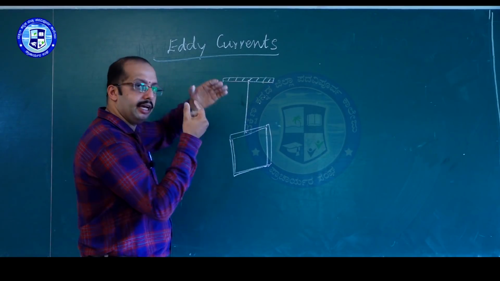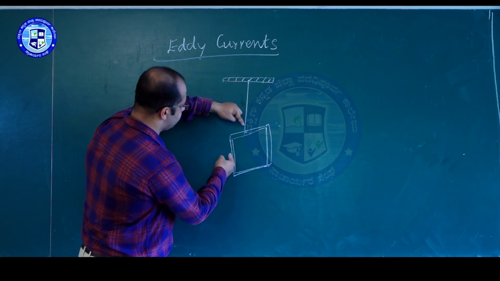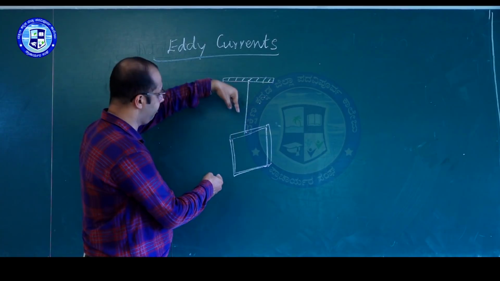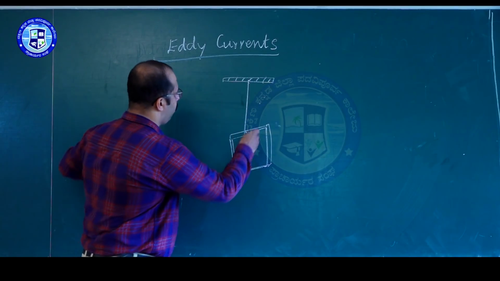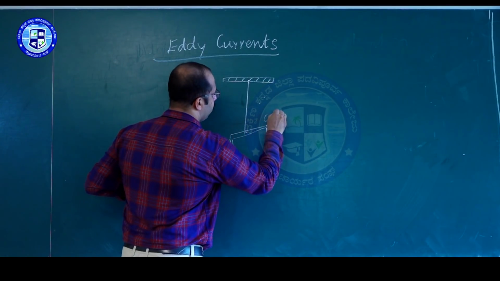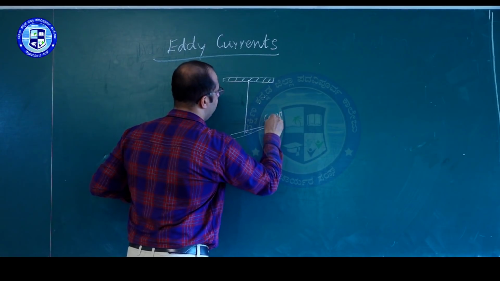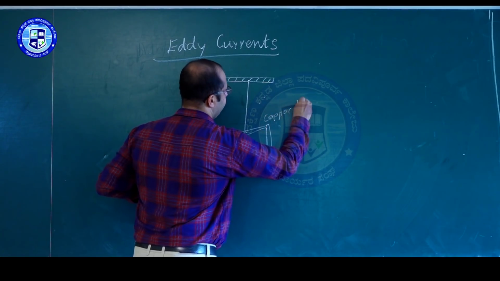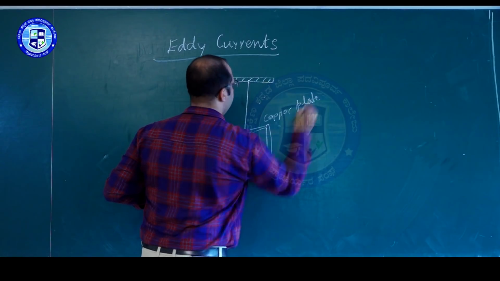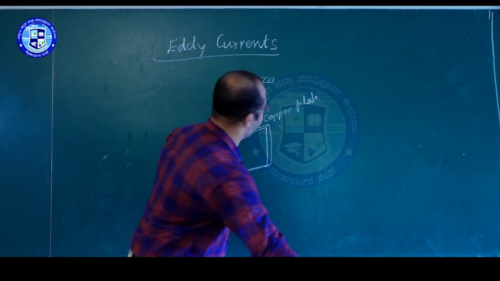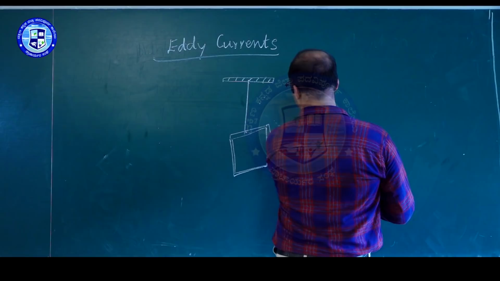Similarly, just like the simple pendulum, the inextensible thread is considered the hanging material, and the metal plate, copper plate, is the way to represent it. So somewhat you consider it to be the metal plate.